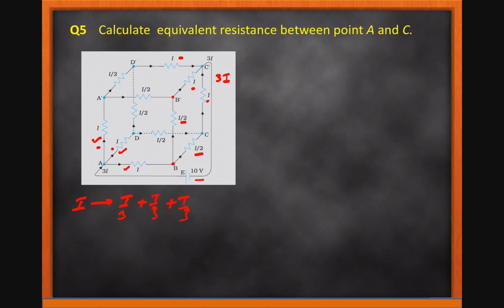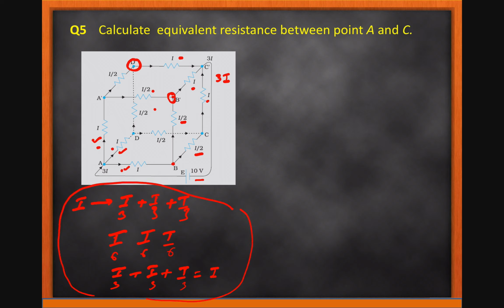Again this I by 3 will divide into I by 6 and I by 6 at this part. At this part it will again combine and give you I by 3. At this point also I by 3 and I by 3, so again we get I. So it depends on you, either you take I or 3I. We have taken 3I here for simplification only.